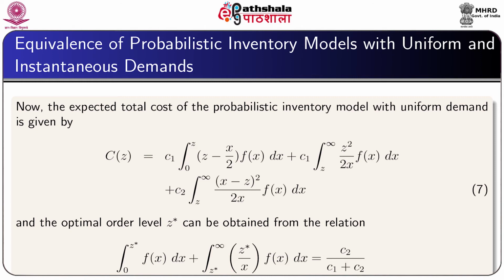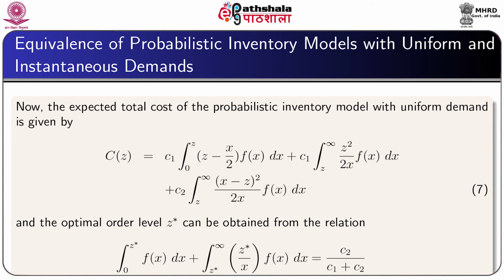Now, the expected total cost of the probabilistic inventory model with uniform demand is C(z) equal to C1 integral 0 to z (z minus x) by 2 f(x) dx plus C1 integral z to infinity z square by 2x f(x) dx plus C2 integral z to infinity (x minus z) whole square by 2x f(x) dx.